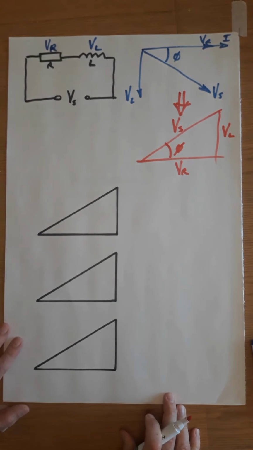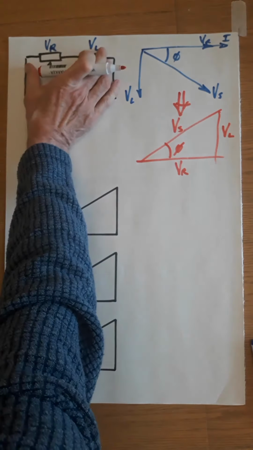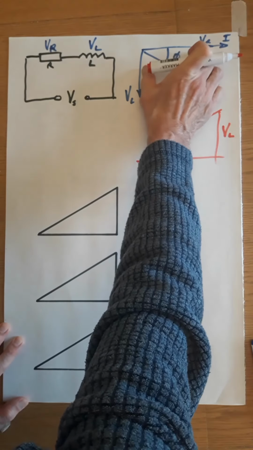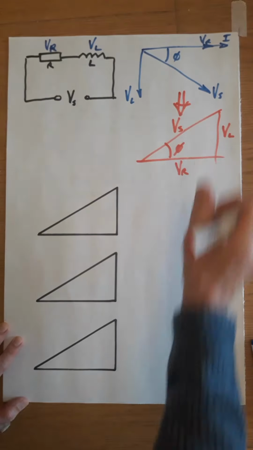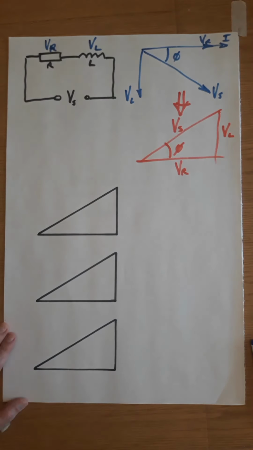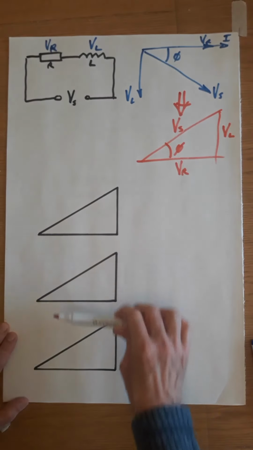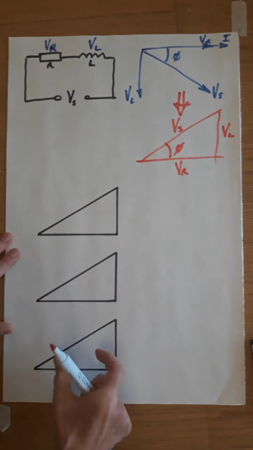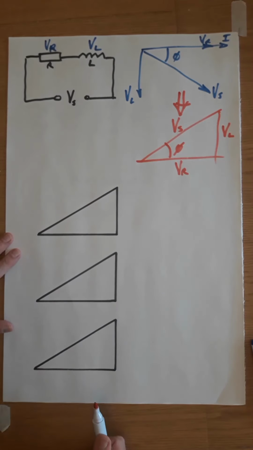Okay, so we can see, going from that circuit, we can take quantities from the circuit, create a phasor diagram and create a triangle. For this same circuit, we can create several related triangles, all with an identical shape but different quantities. And I'll go through that right now.